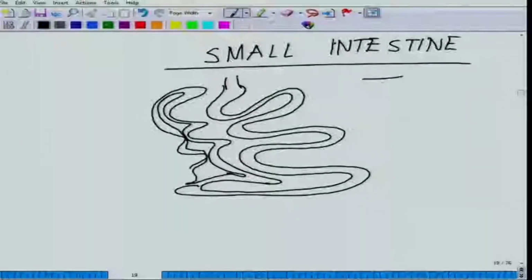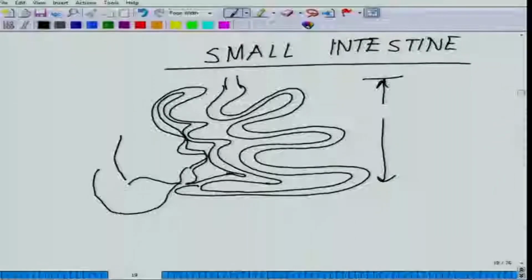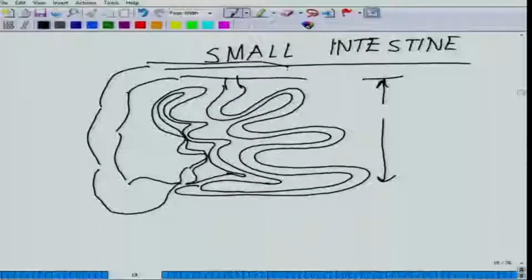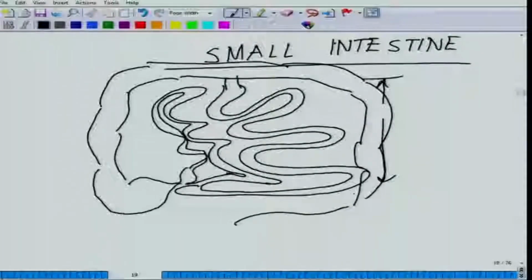This is a huge loop structure, and then it leads to the large intestine, which has a fairly bigger diameter and surrounds it, which is also called the colon, before the food is excreted out through the anus.